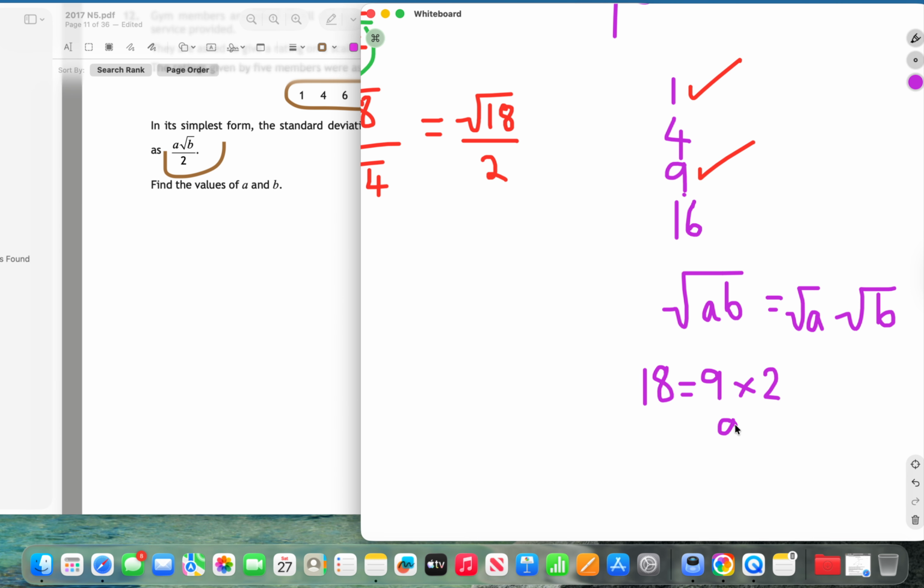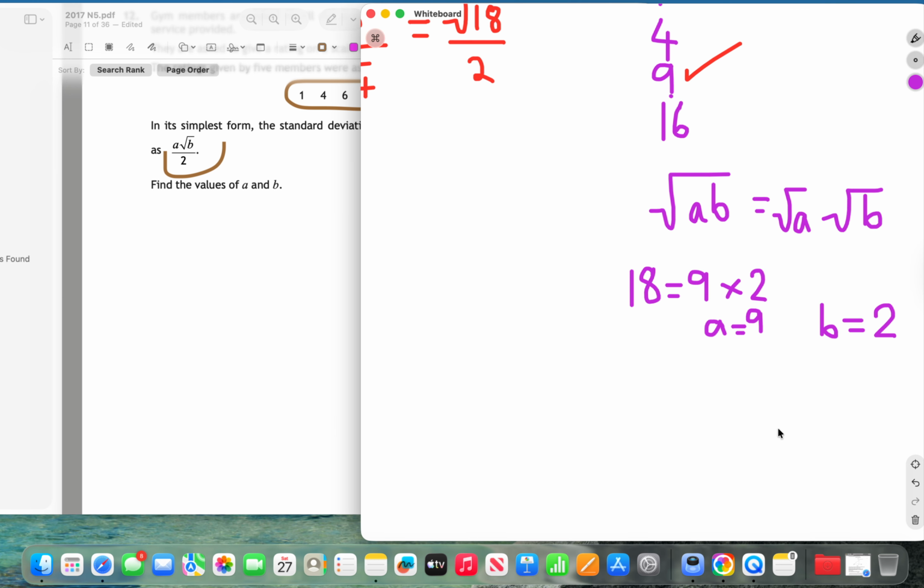So let's make A equal to 9 and B equal to 2. And if we do that, we then get that root 18 equals root 9 root 2.